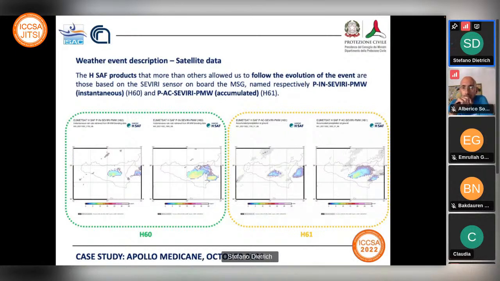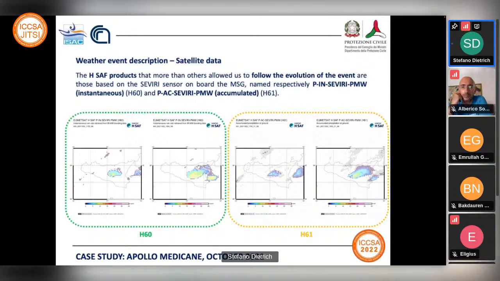This made it possible to follow the evolution of the event also over the sea, and also when no real-time ground-based data were available. In particular, the estimation of surface precipitation is one of the main goals of the H SAF project. Instantaneous precipitation rate, as well as precipitation temporally accumulated from 1 hour to 24 hours, is estimated using both passive microwave measurements from low Earth orbit satellites and infrared data from geostationary satellites.